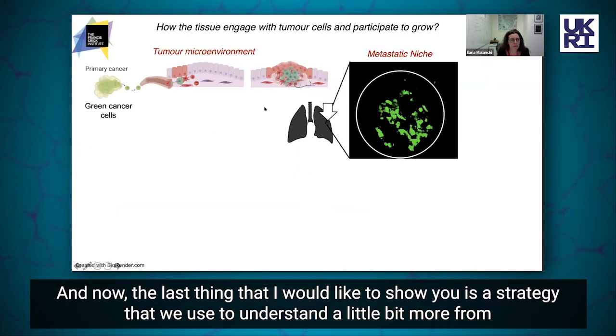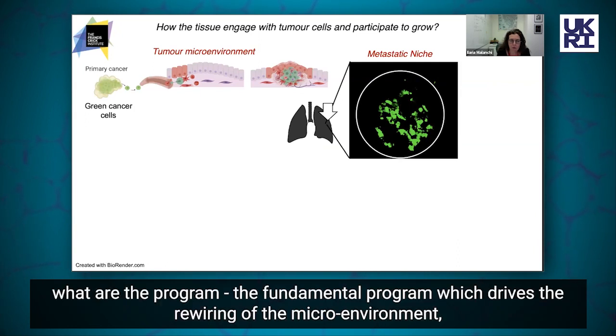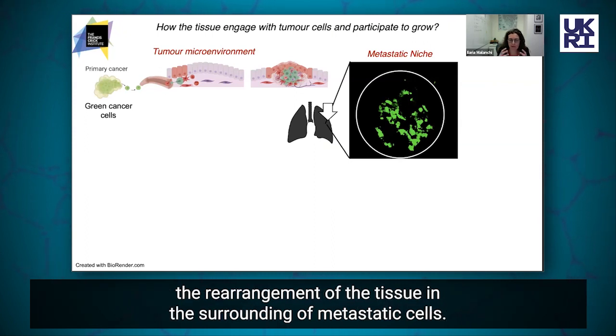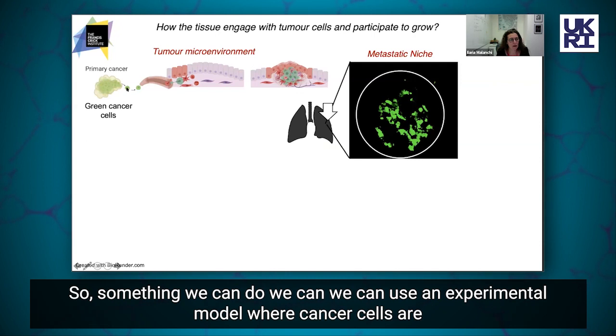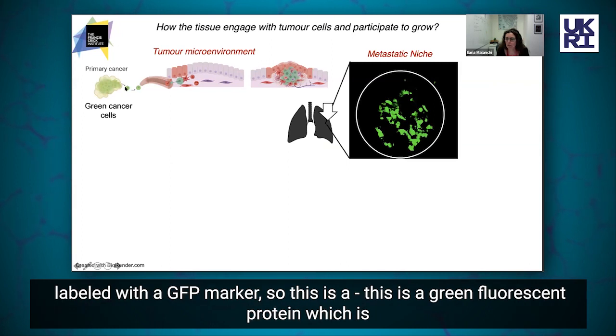Now, the last thing that I would like to show you is a strategy that we use to understand a little bit more about the fundamental programs which drive the rewiring of the microenvironment, the rearrangement of the tissue in the surrounding of metastatic cells. So something we can do is use an experimental model where cancer cells are labeled with a GFP marker.